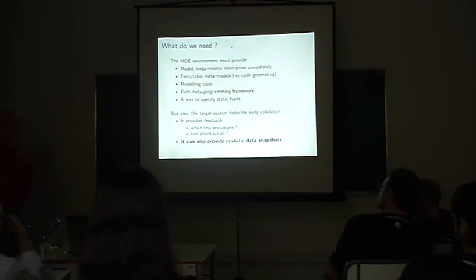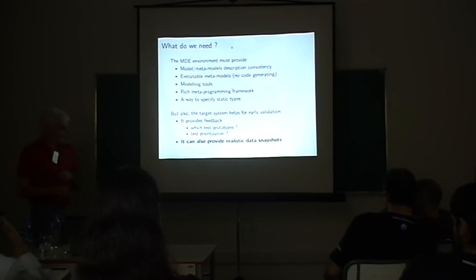We want to be able to do that directly without code generation. We need modeling tools, and we need a rich meta-programming framework. That is a way to build prototypes, to build real prototypes, and a way to specify static types.